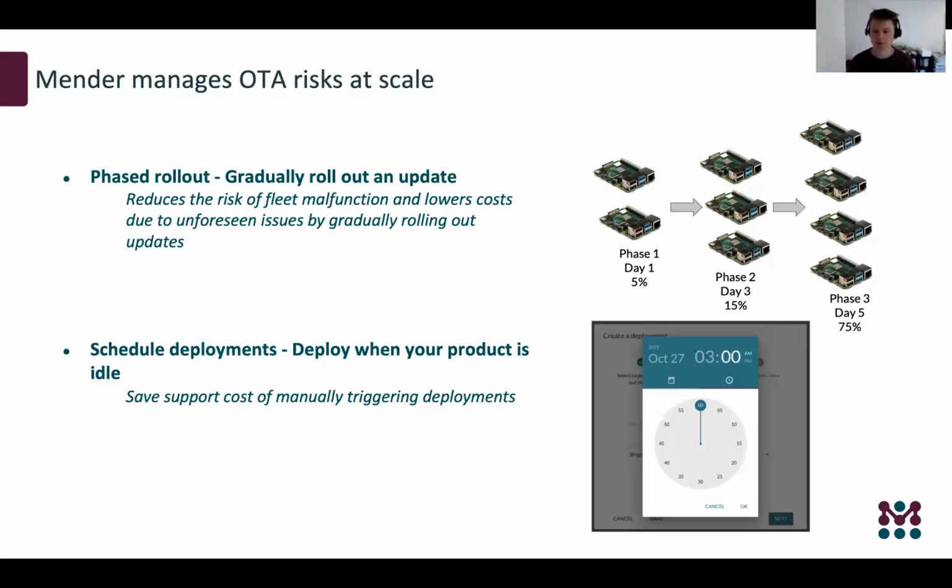If you get a higher volume of support requests, you can abort the update process, or you can proceed to the next step if everything looks good. And scheduling is also a part of this. It's a separate feature, but you can combine them so that you deploy the updates once the devices are not in use, usually at night. Sounds like during manufacturing there isn't much downtime in general.